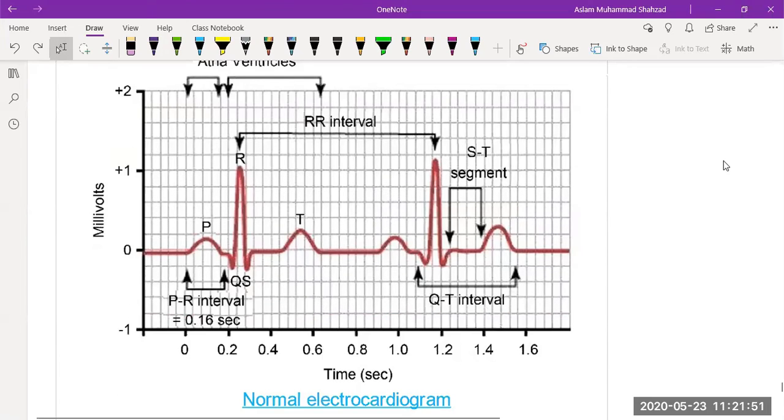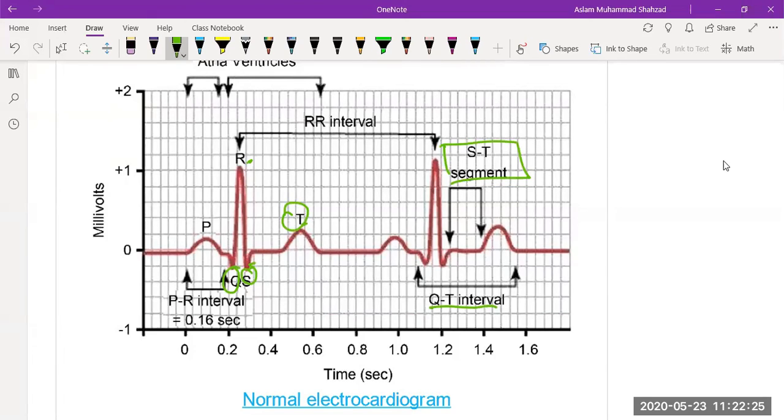This is the picture of a normal electrocardiogram, and we can see that to express our heartbeats, we have the Q, R, S, then we have the T, and then the interval between them can be expressed as the QT interval, between this Q and this T, or the segment between S and T, which is expressed as the ST segment.